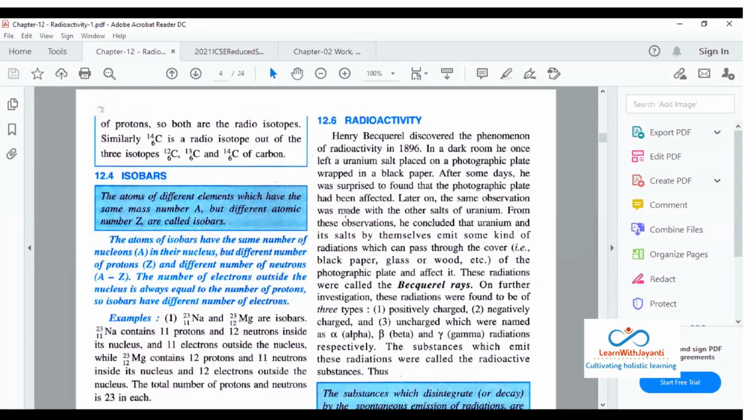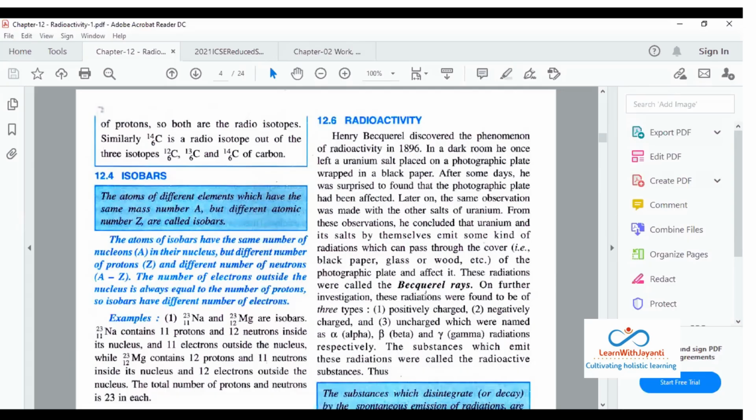Later, the same observation was made with other salts of uranium. He concluded that uranium and its salts by themselves emit some kind of radiations which can pass through the cover, black paper, glass, or wood, and affect the photographic plate. He named these radiations Becquerel rays, because naturally that was his surname.